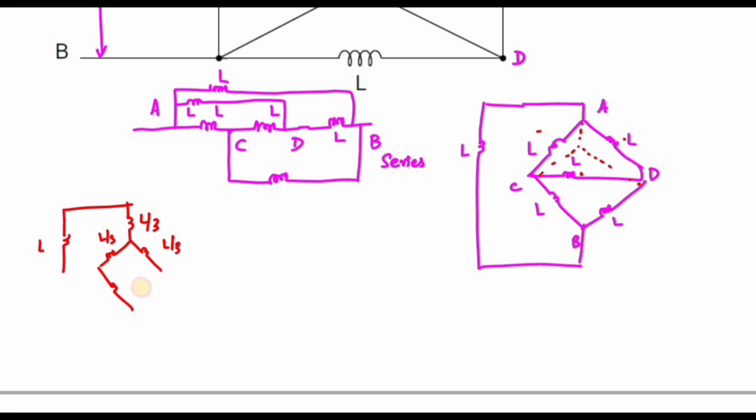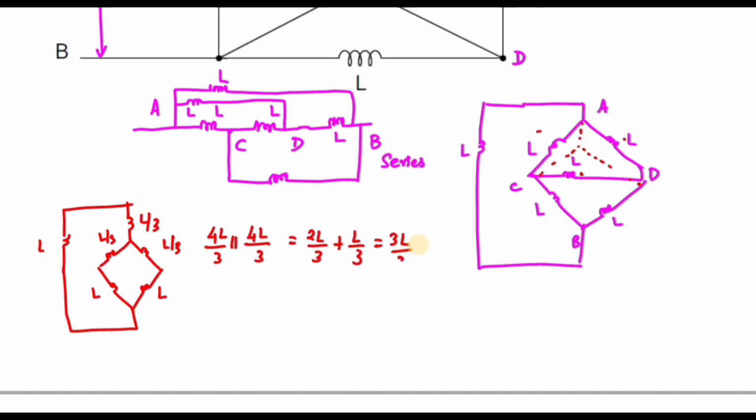So I'll get L by 3, L by 3, and this is also L by 3, L by 3, and L, L. Since it is in series, this is also in series. If I add this, I will get 4L by 3. So the 4L by 3 is in parallel with 4L by 3, so you will get 2L by 3. So 2L by 3 is in series with L by 3, so you will get 3L by 3, which is L.